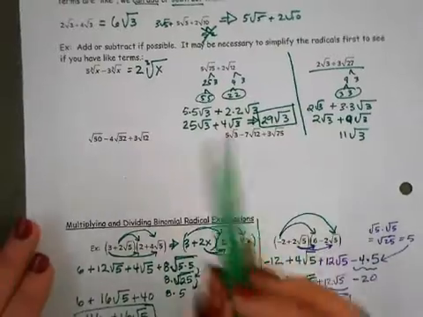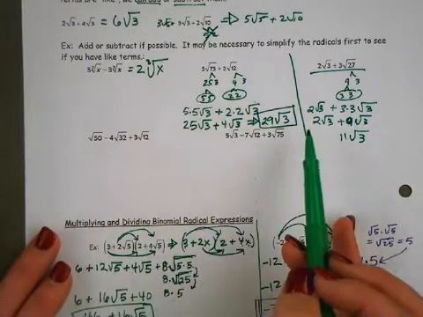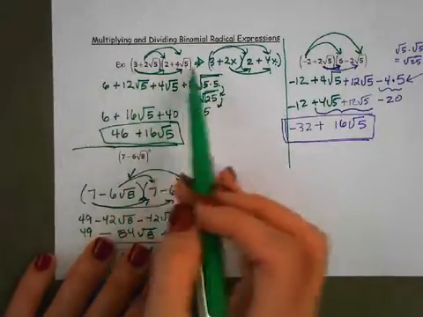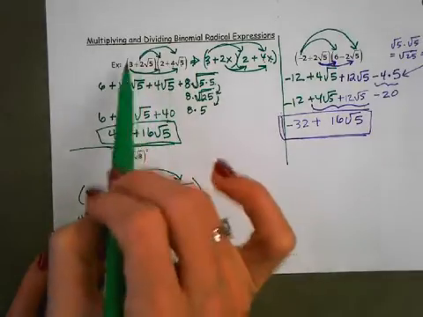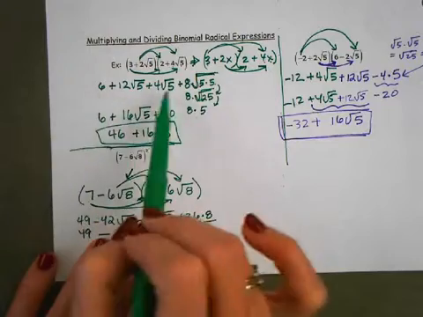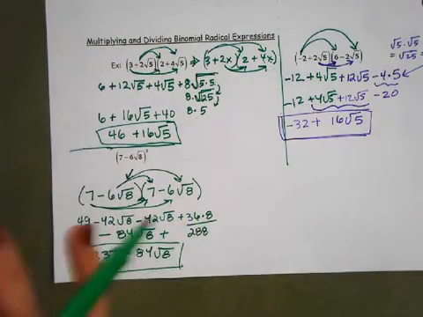Okay. If they don't match, you want to break it down, and then see which ones you can combine. And then we looked at multiplying polynomials together, and what we're finding is the distributive property, and then you multiply them through and then combine the like terms. Okay? So that was kind of today.